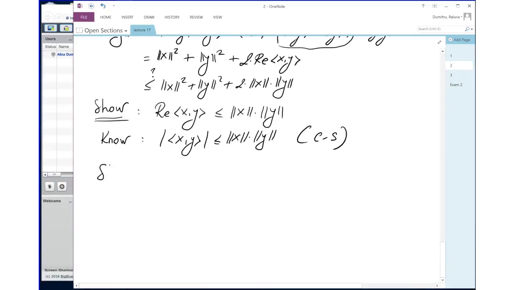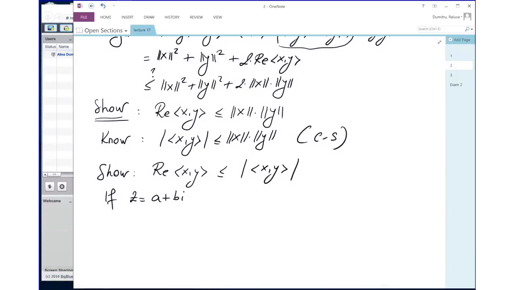So then, is it true that the real part is even smaller than this? Because if that's true, then we're done. Make sense? Okay. And I'm not going to make it about any inner product and about any vector v. I'm just going to make it about a complex number z. So you have z equal to a plus bi.